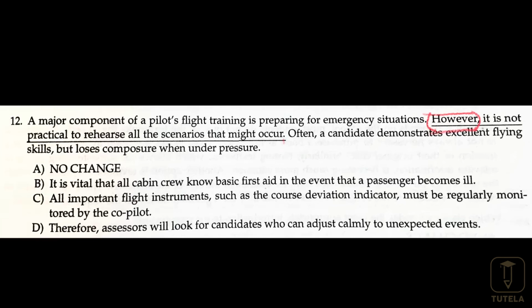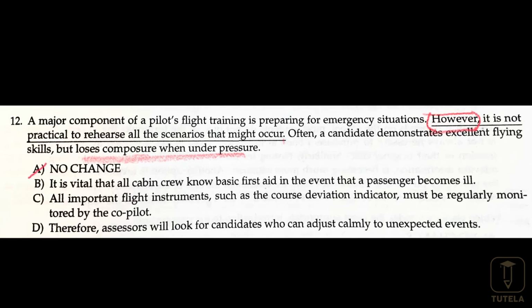Let's find out. The first sentence talks about a flight pilot's training is preparing for emergency situations. Then the second part says often a candidate demonstrates excellent flying skills but loses composure under pressure. If loses composure under pressure, we cannot place a contrast in this situation.